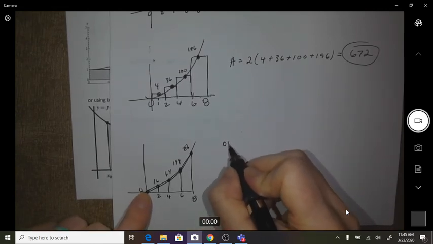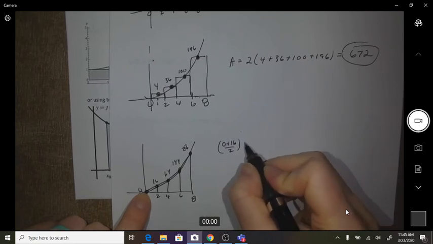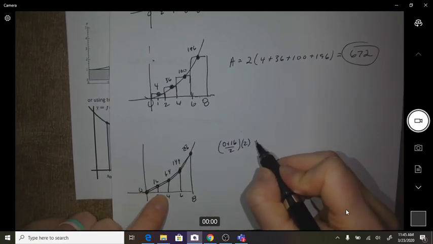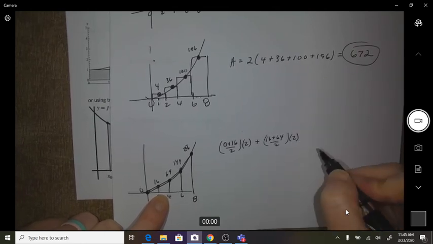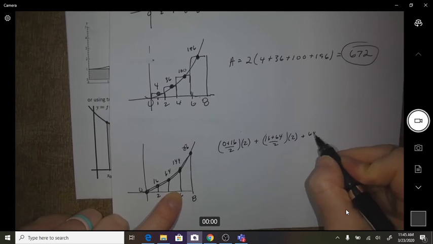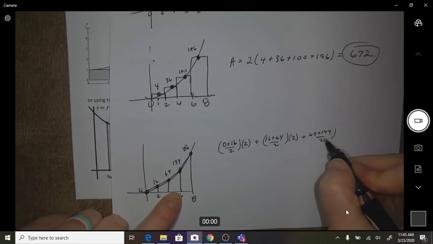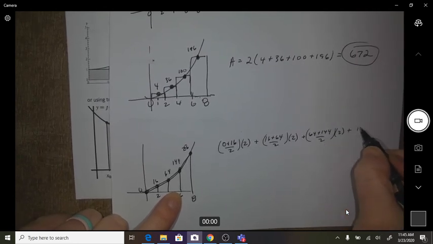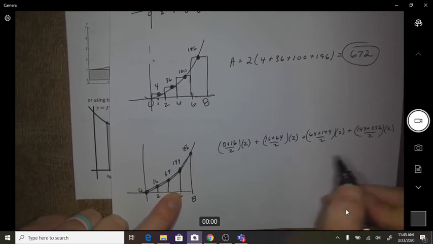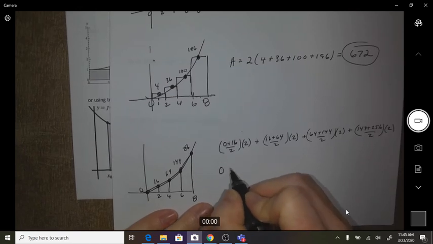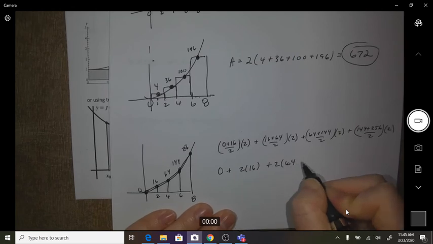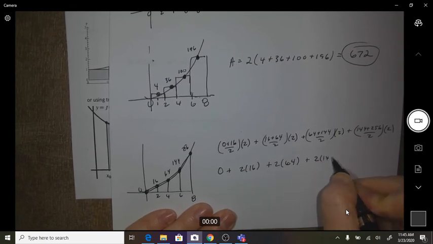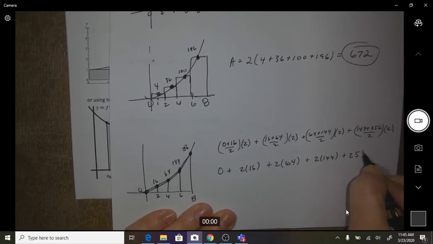The average of 0 and 16 over 2, and then 2 wide. The average of 16 and 64 by 2 wide. The average of 64 and 144 by 2 wide. And the average of 144 and 256 by 2 wide. The shortcut tells me to go 0 plus 2 times 16s, 2 64s, 2 144s, and 1 of the 256s.